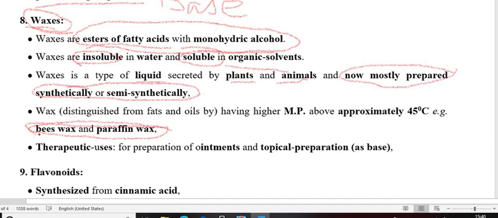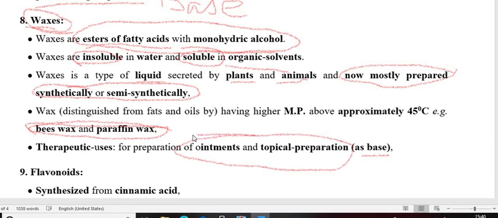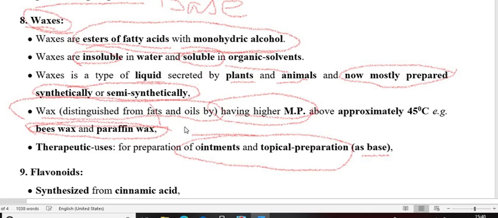Beeswax is isolated from bees. Paraffin wax and beeswax are both used therapeutically as a base for the preparation of ointment, as well as other topical preparations. So waxes are usually distinguished from fat and oil because waxes usually have a higher melting point than the fat and the oil, approximately 45 degrees centigrade.